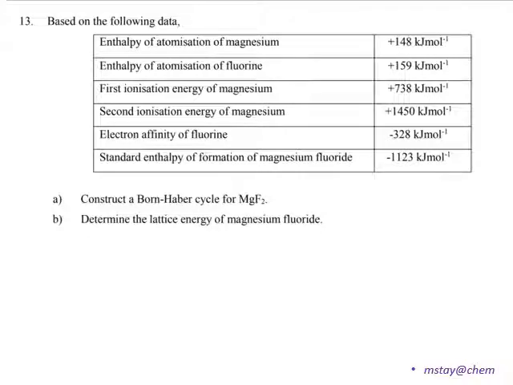Tutorial question 13. Based on the following data, you are given the enthalpy of atomization for magnesium and fluorine, ionization energy for magnesium, electron affinity for fluorine, and then formation of magnesium fluoride.